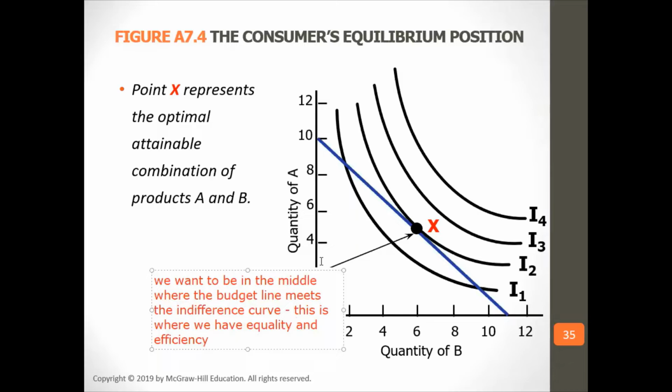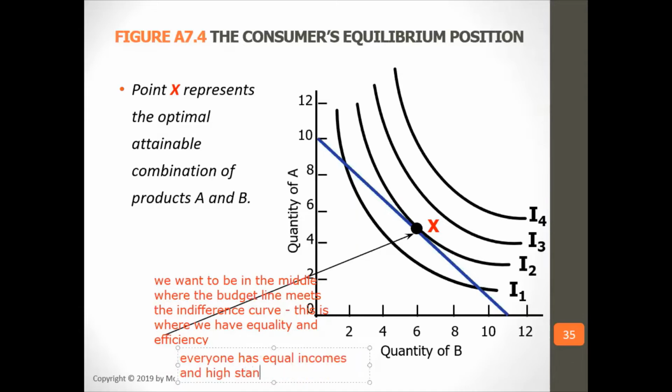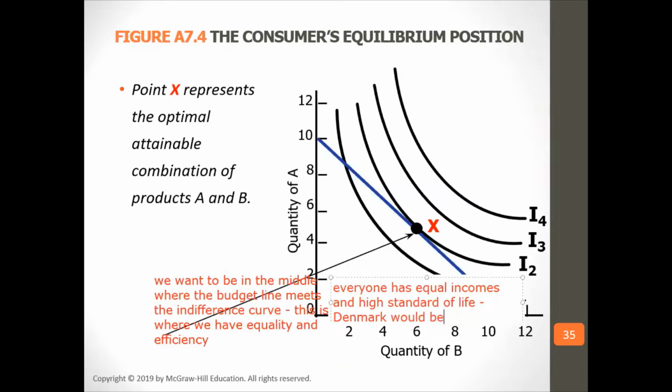That means everyone has equal incomes basically, and a high standard of life. I would say a place like Denmark would be here. They're not exactly there, but they would be close to here, because they are equal and efficient.